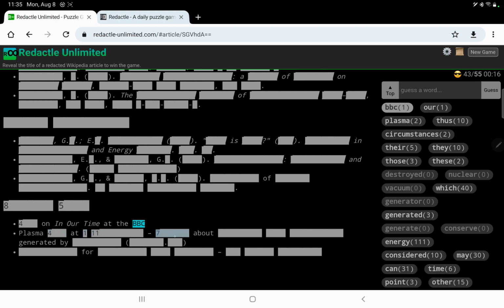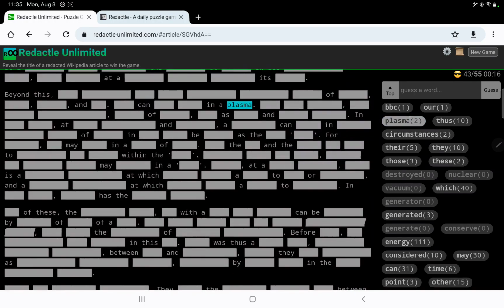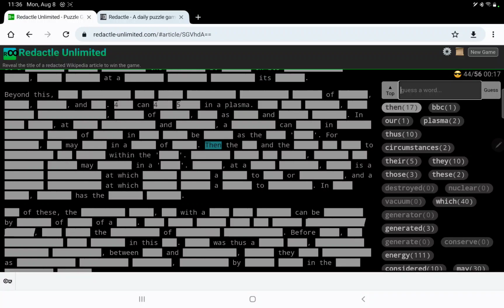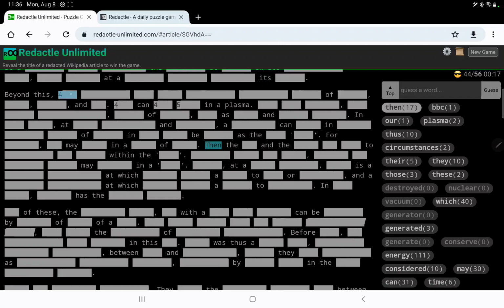Plasma something at 111. Okay, so not really very helpful. And then, ooh, something in a plasma can then, no, we do have some thens. Anyway, it seems like plasma is very minor in this context.